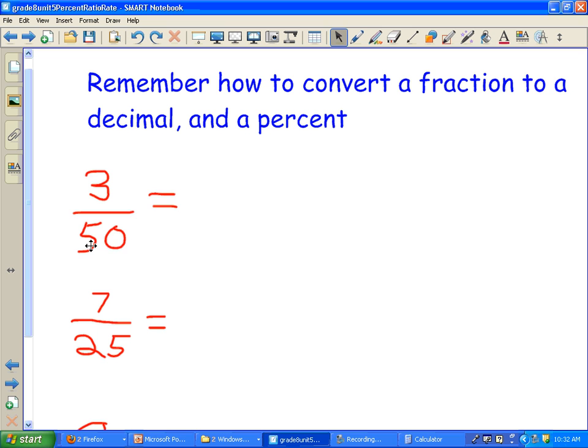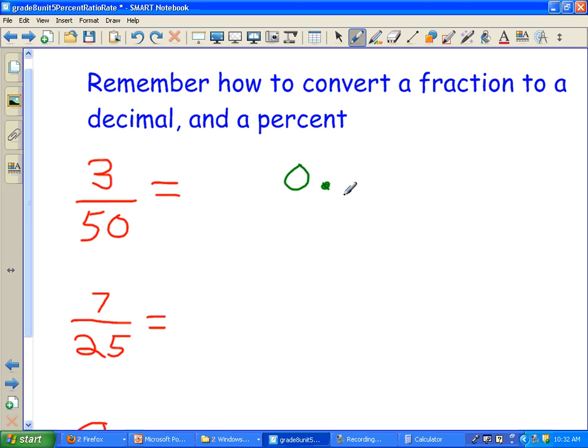Now, if you're not allowed to use a calculator, what you want to try to do is get the bottom number to be out of 100 or 10 or 1,000, because remember, every single decimal can be written as a fraction. This decimal can be written as 1/10, because this is the tenths place.